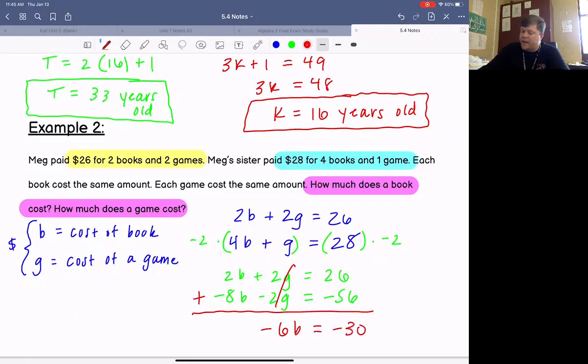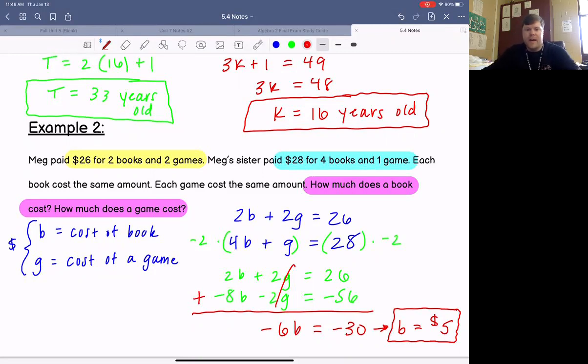If we solve that, we can see that B is $5. I know that there's a lot of people that put the $ after the 5. That's actually incorrect. When we talk about money in America, the $ goes in front of the number, just like you see in the original problem. So let's make sure that we do that the right way. So we got $5 for B.